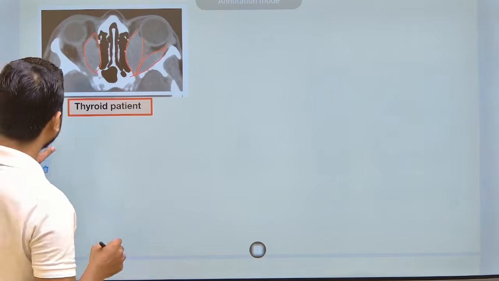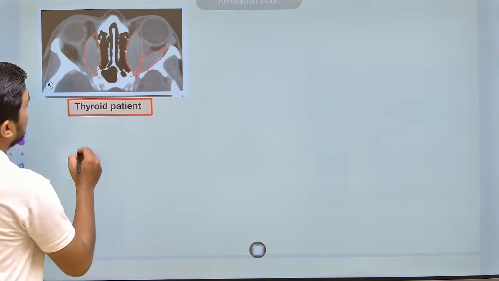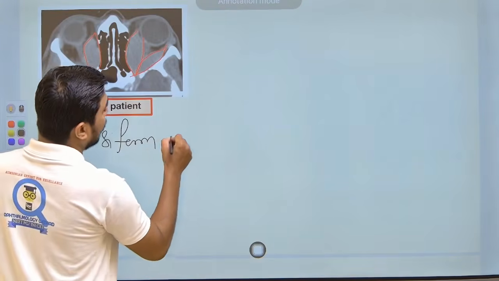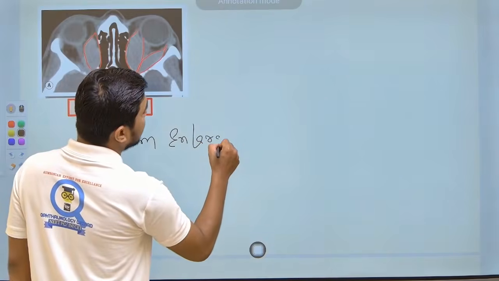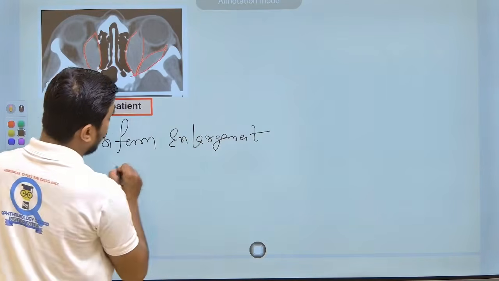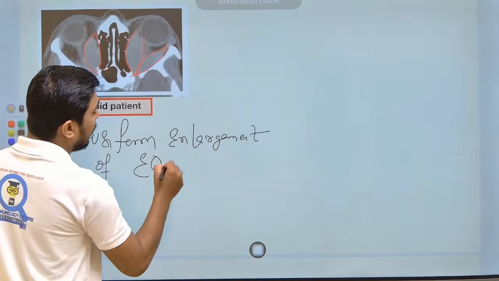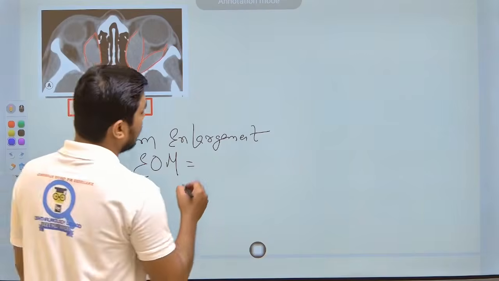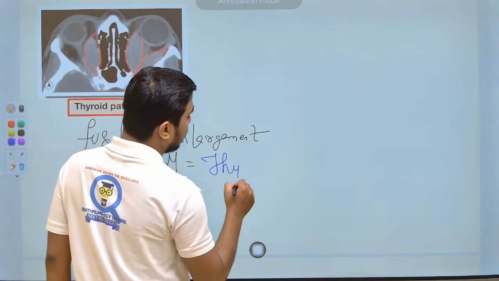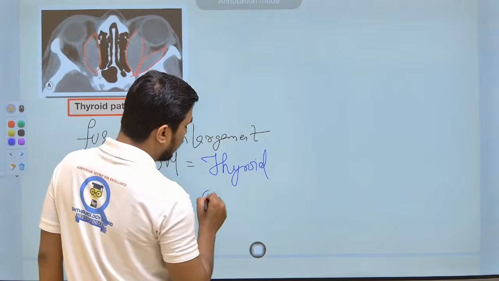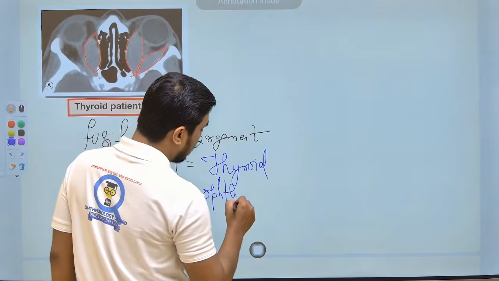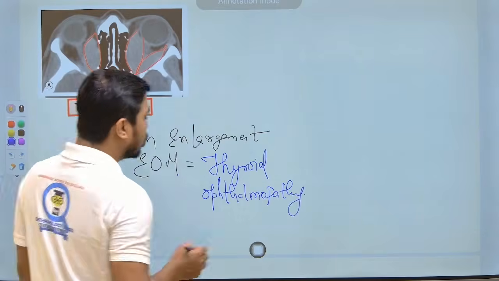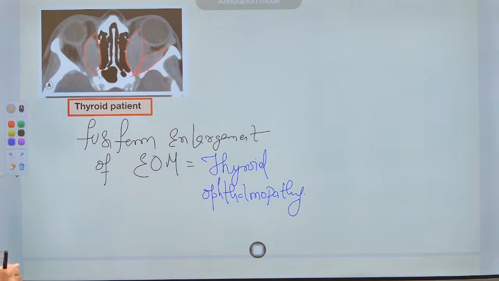Okay, so when in a thyroid patient there is a fusiform enlargement of extraocular muscles का, then it strongly indicates thyroid ophthalmopathy. Understood my point? It is known as thyroid ophthalmopathy.